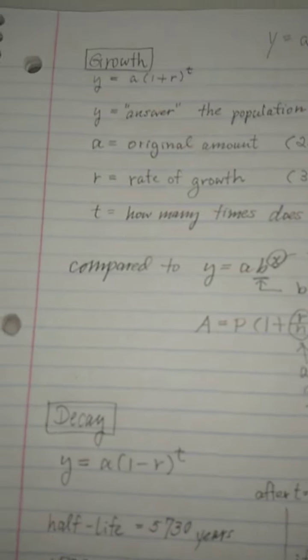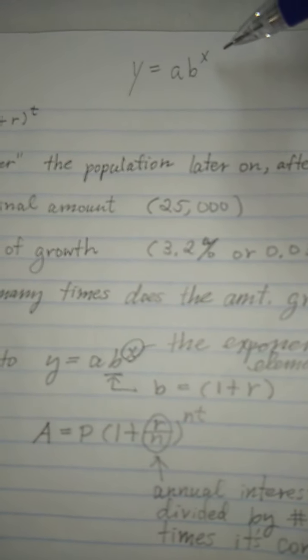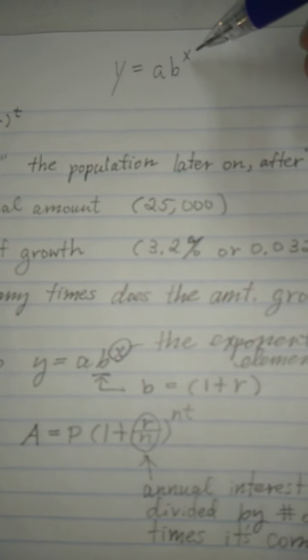I am going to talk a little bit more about what's the difference. How do you use these equations? Here I'm going to do a little comparison between the growth questions and the decay questions. This is the general formula, the general equation: y equals a b raised to the x.